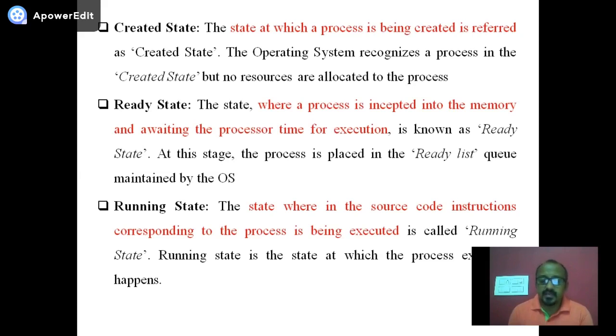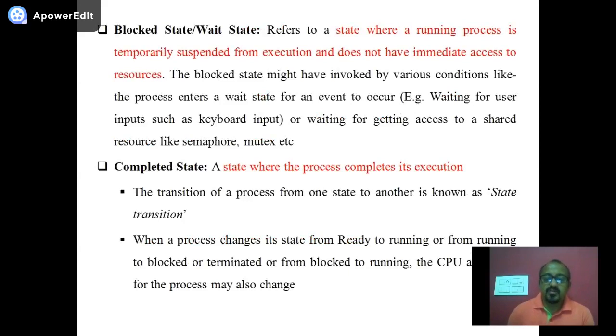Running is the state where the source code instructions corresponding to the process are being executed. Next is blocked, where the running process is temporarily suspended. As I told you, if a higher priority task resumes, the lower priority task which is running gets suspended.